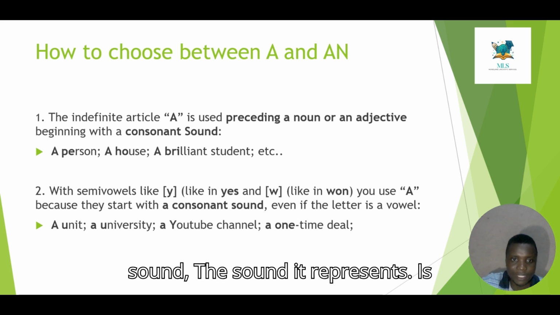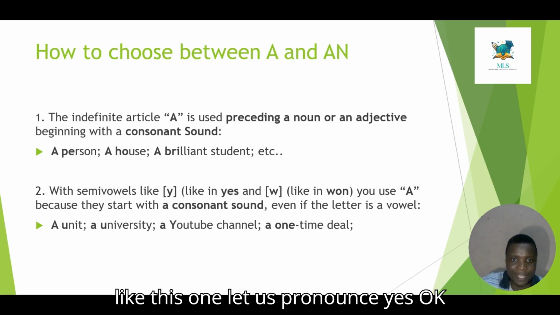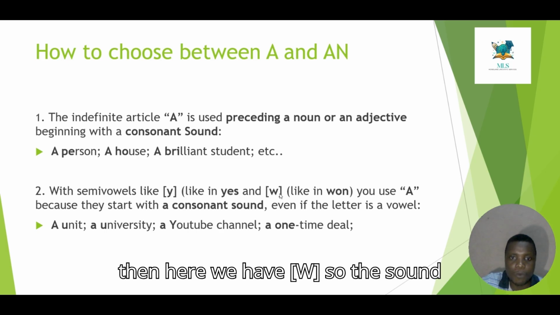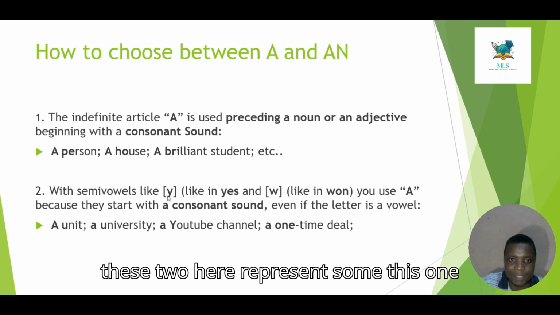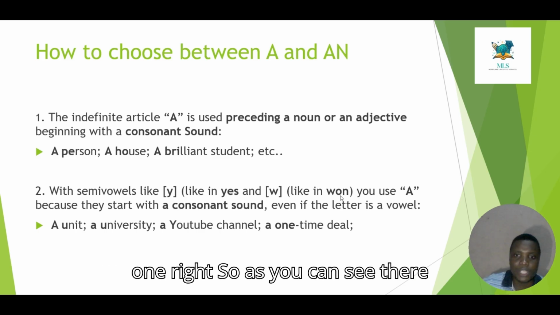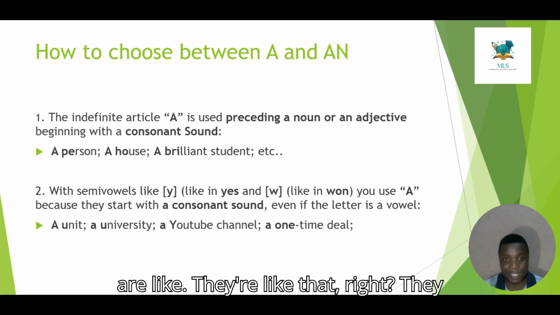The sound it represents is like in "yes", okay? The sound here is "ye". And then here we have "we", the sound like in "one". So these two represent the sounds. This one represents the "ye", and this one represents "one", right?